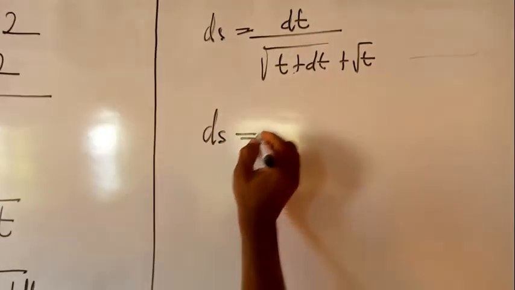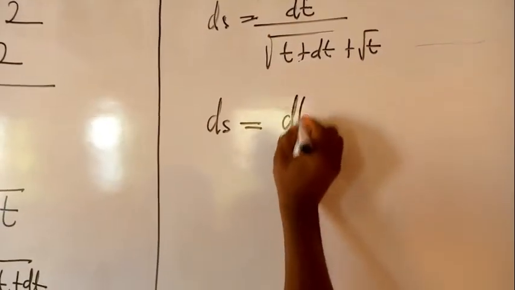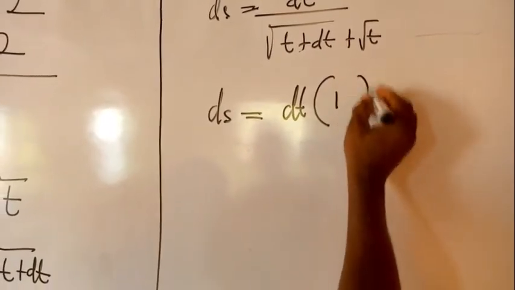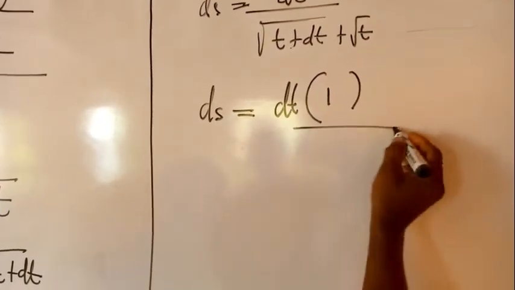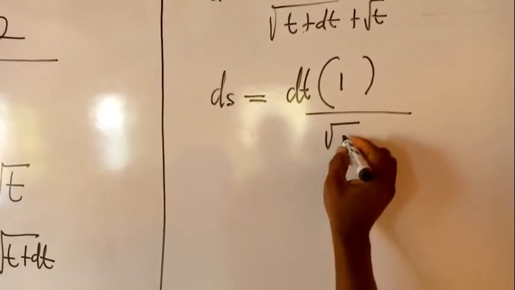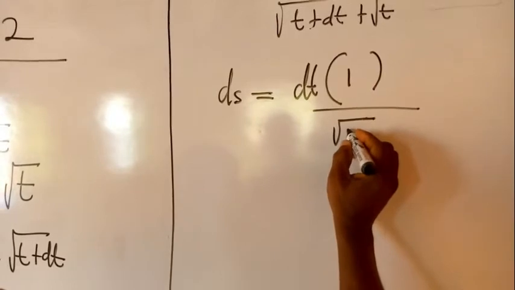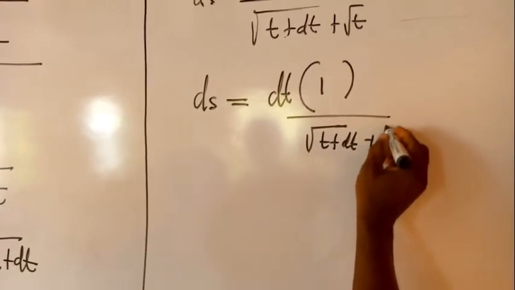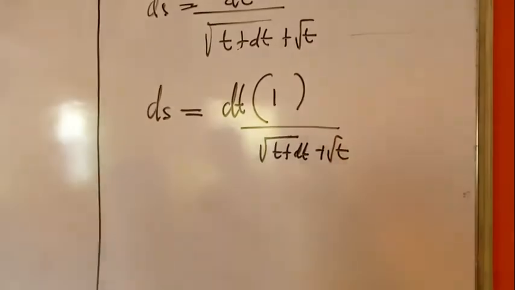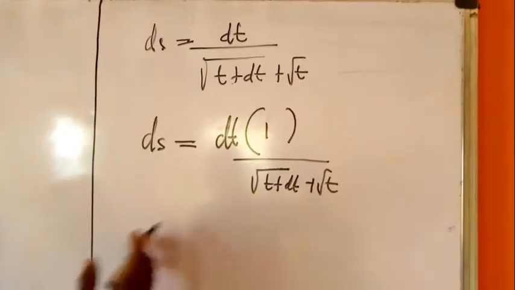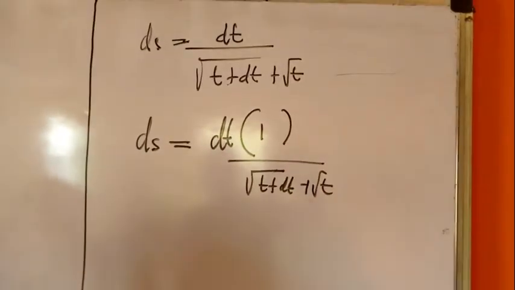The δx is now, if you bring out dt, it now becomes 1 all over root t plus dt plus root t. So bring the dt here so that this one can become the subject of formula.